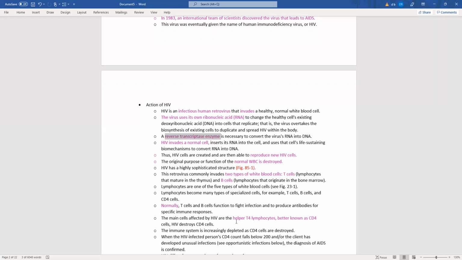It's like the mama is the T cell, and the T4 lymphocyte is the baby cell, aka the CD4 cell. HIV isn't going to mess with the mama T cell. It's going to go to the helper T4 lymphocyte and affect the child.